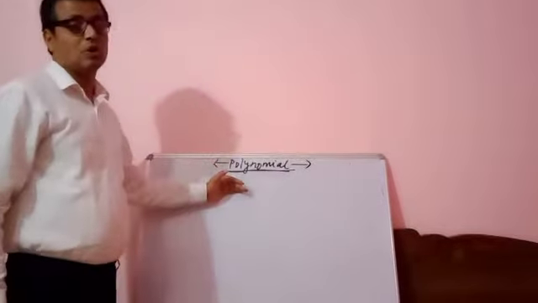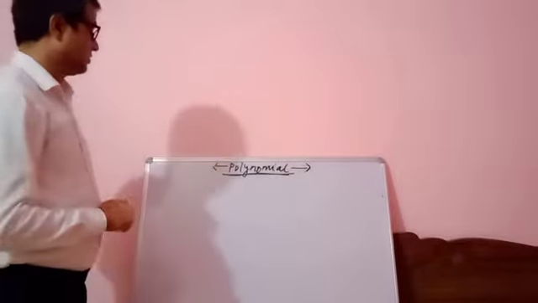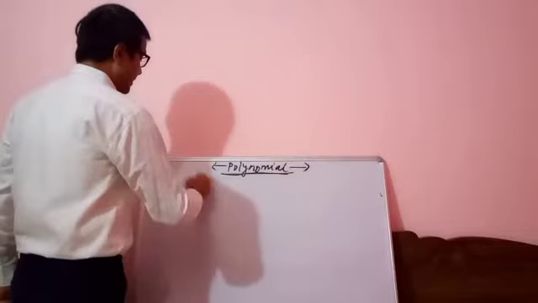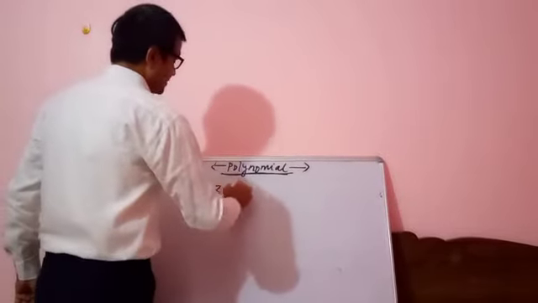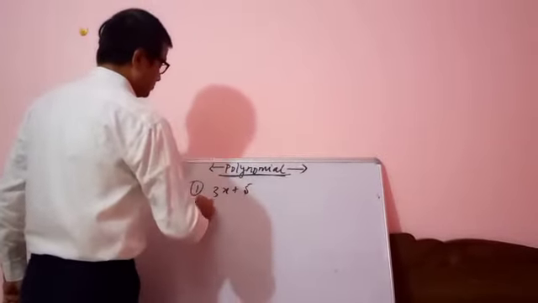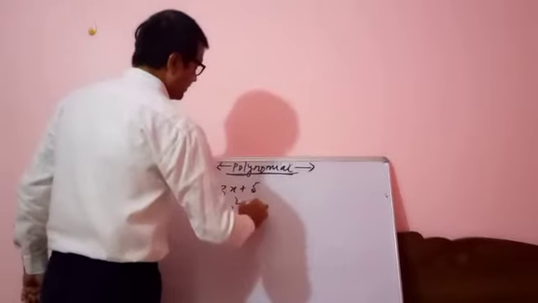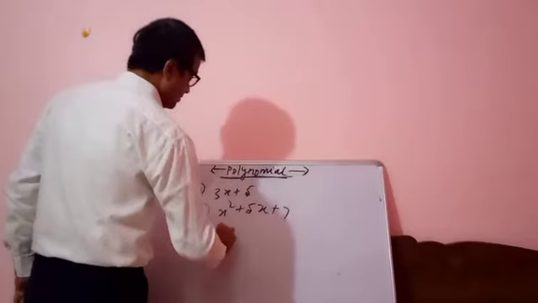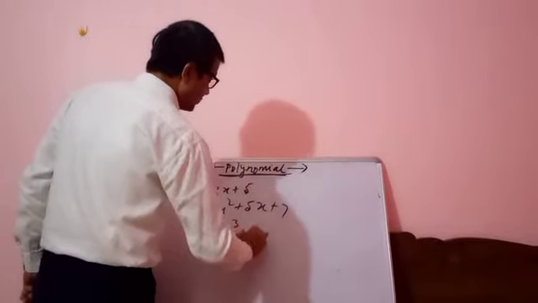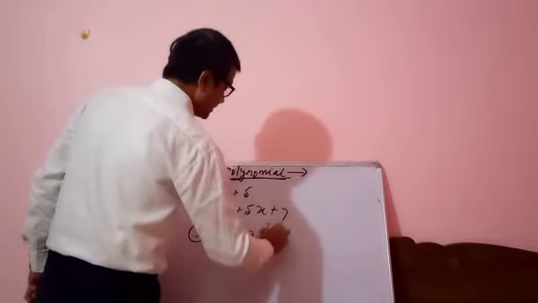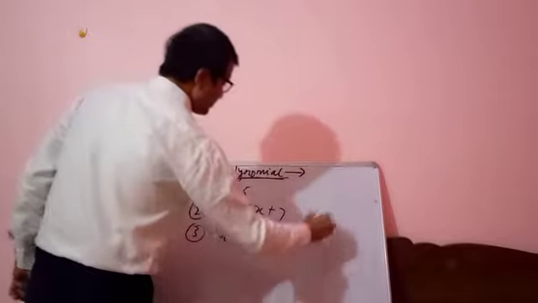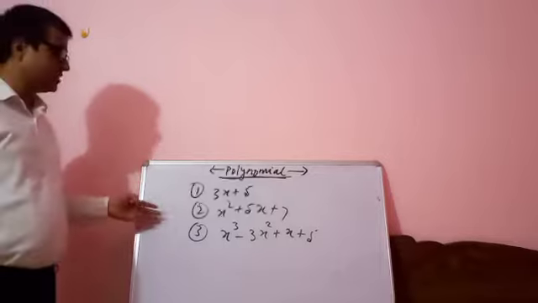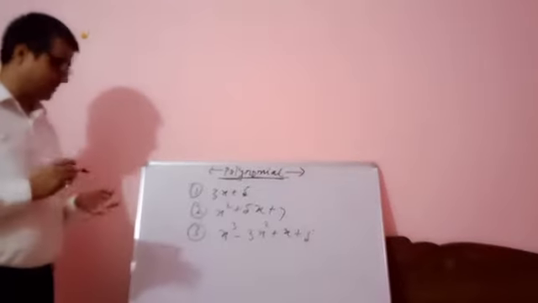Once you know about the polynomial, this is a part of algebraic expressions. Earlier it was written, and again I am writing here: suppose 3x plus 5; 2x square plus 5x plus 7; third, x cube minus 3x plus 5; 3x square plus x plus 5. These are some polynomials you have in one variable.